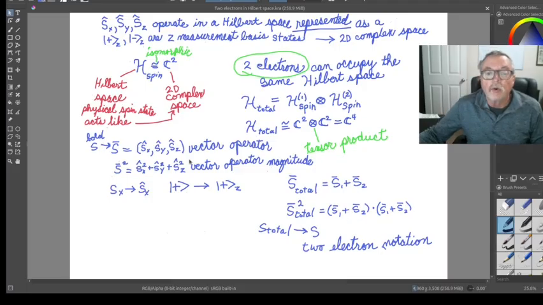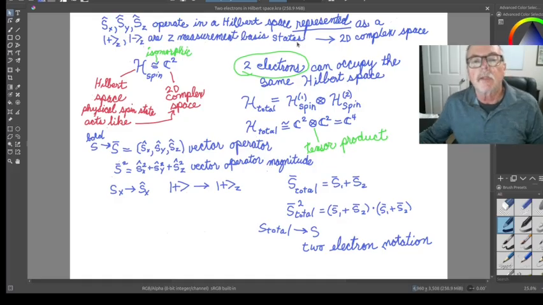Now for notation. And I made a little improvement up here. I showed the plus z, minus z. These are the z measurement basis states, which you probably already know. And down here, because it's very difficult to draw a bold S on the board here, I'm just going to put a line over it.